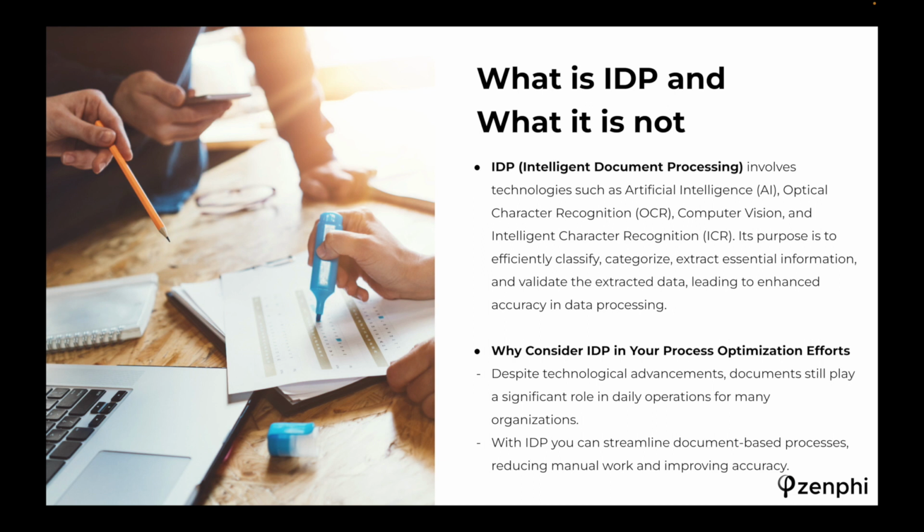The other one may be called reference number. Because IDP is trained and uses machine learning, it would try its best to correlate this information and present it to you in a meaningful manner.